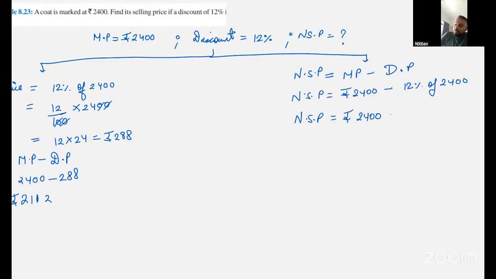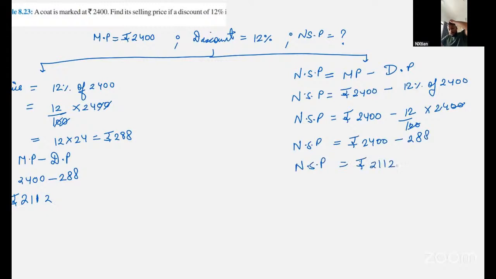So NSP will be 2,400 minus 12 upon 100 into 2,400, the percentage will cut. So NSP will be 2,400 minus 288, then NSP is equal to 2,112. So this is the same thing.